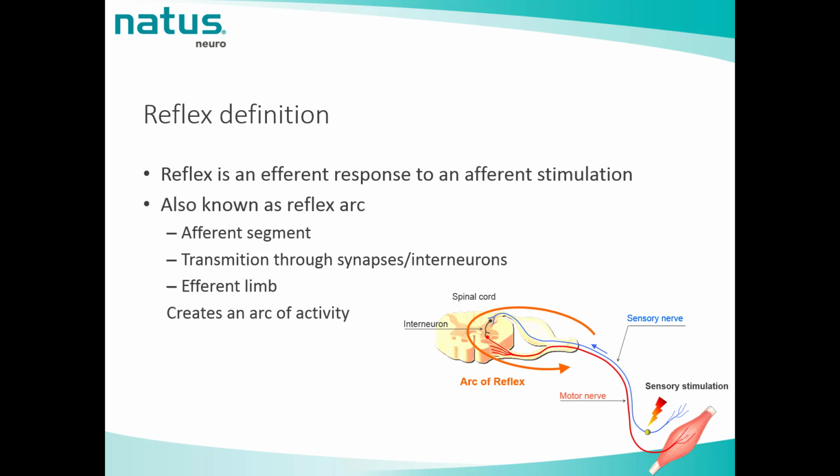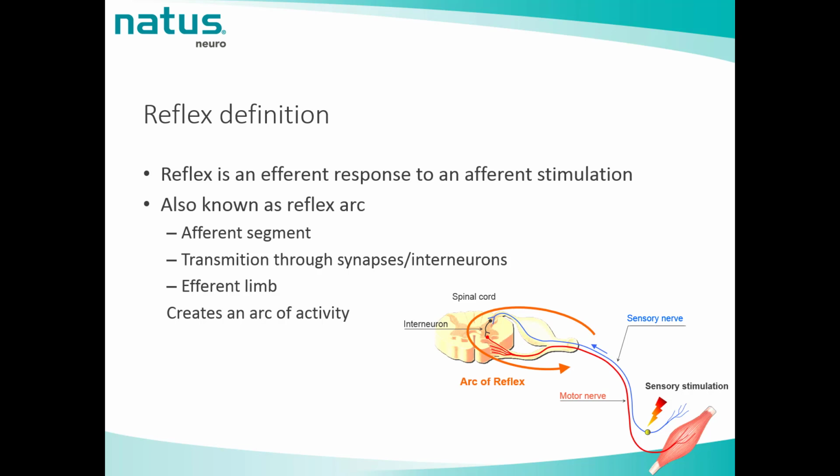What we mean by that is that you have an afferent segment that will transmit information proximally into the central nervous system. Transmission will be done there through synapses or interneurons or polysynaptic connections. And that information will go back to the peripheral system through the efferent limb.